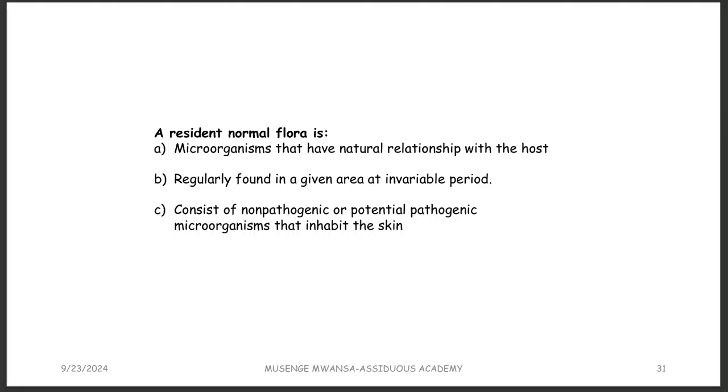Number one, a resident normal flora is microorganisms that have natural relation with the host, regularly found in a given area at invariable period, consist of non-pathogenic or potential pathogenic microorganisms that inhabit the skin. Which one can you pick as a resident? Remember, it's resident.